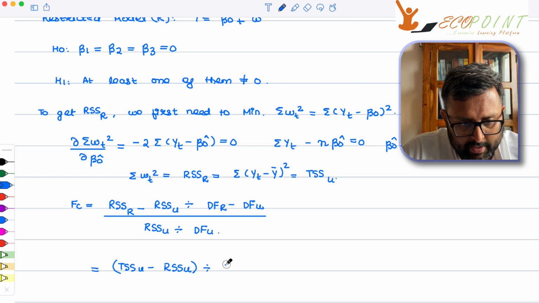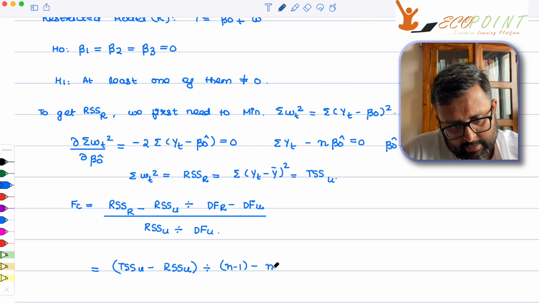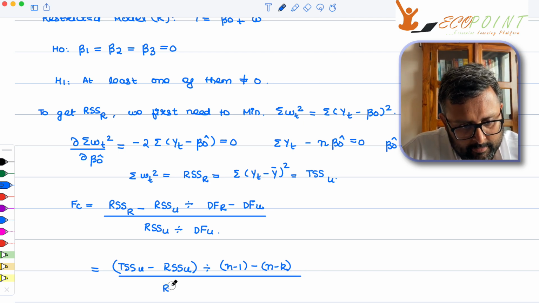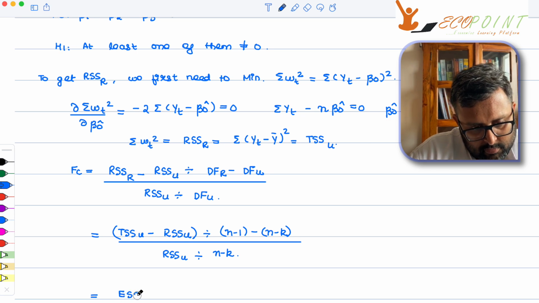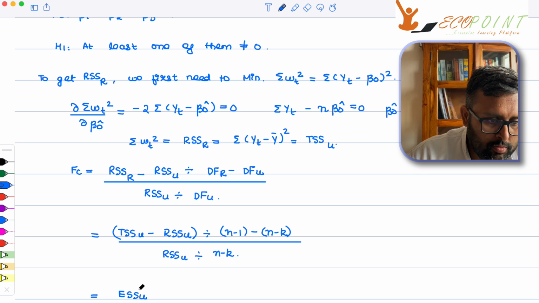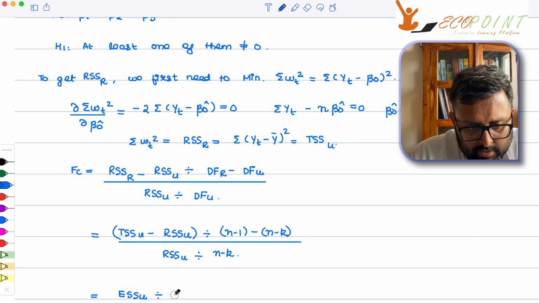So you can just write it. What is it that you will be getting? N minus 1 minus N minus K, whole upon RSSU divided by DFU, which is N minus K. So ESSU, open this, what will come? n minus 1 minus n plus k, so it is k minus 1, whole upon RSSU divided by n minus k.